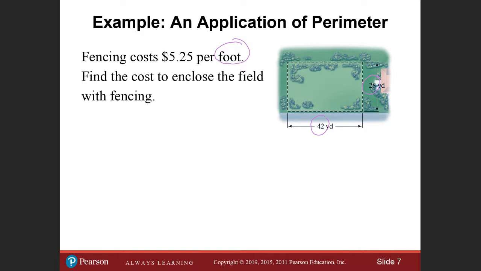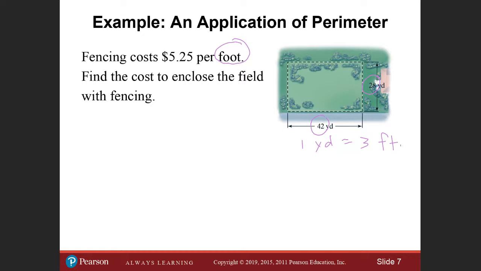Either you change feet into yards or yards into feet. Here we're going to change yards into feet, so we can do the conversion. In one yard, there are 3 feet.